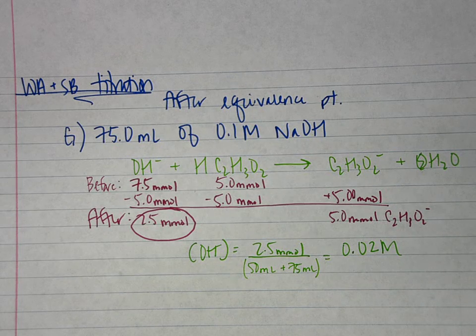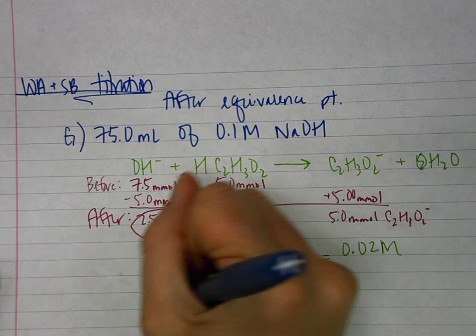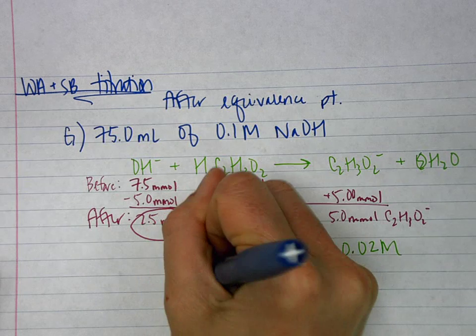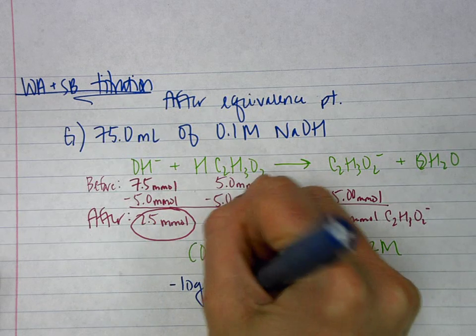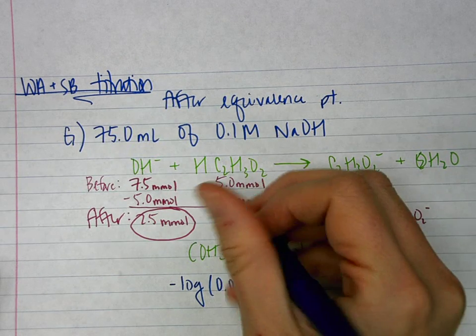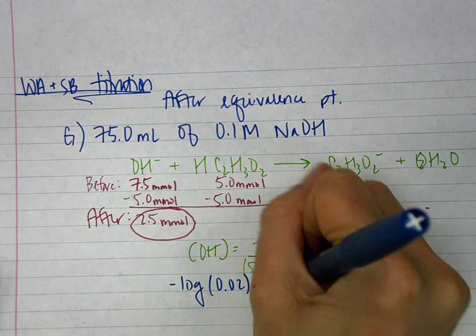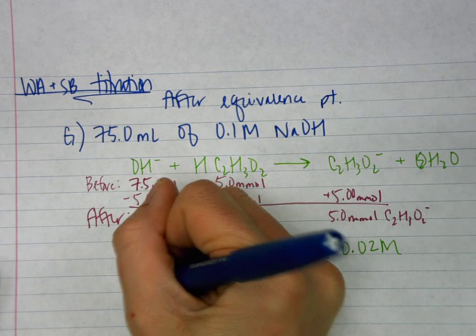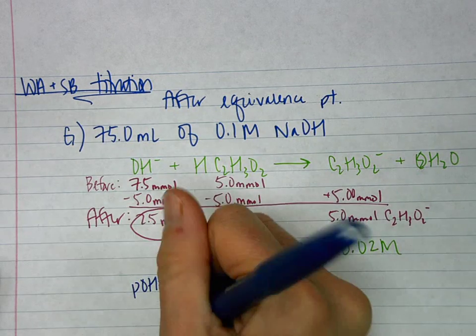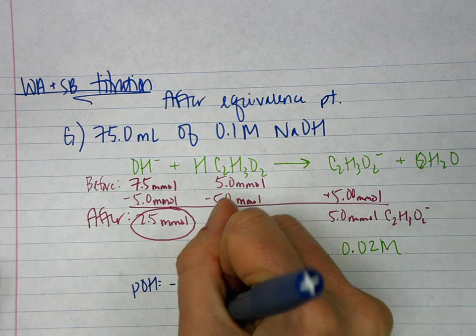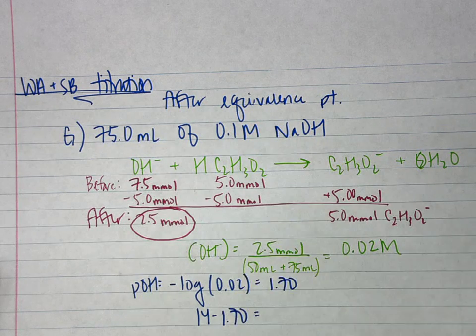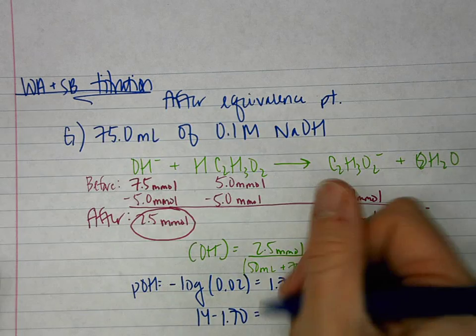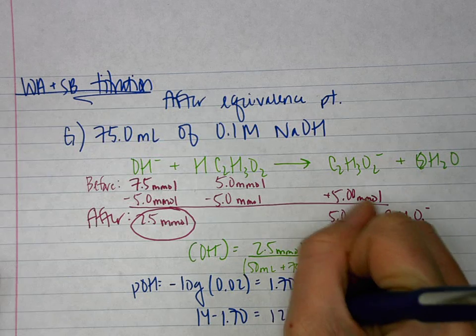Now we can plug it in: the negative log of 0.02 gives us 1.70. But remember, this is the pOH, so 14 minus 1.70 should give you 12.30.